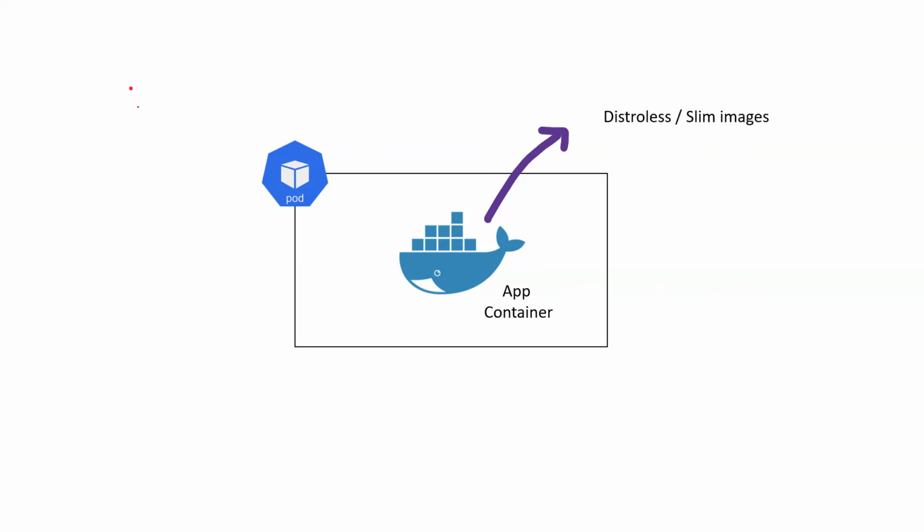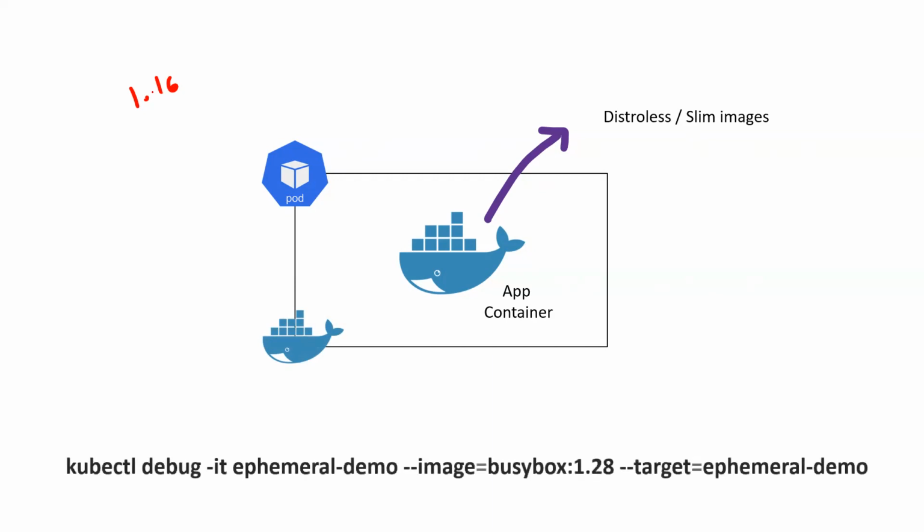From version 1.16, Kubernetes has introduced a concept called ephemeral containers. An ephemeral container is one more container that you can attach to the already running container by using this particular command. You can see kubectl debug -it, the application pod name, and then the image. This is the ephemeral container image.